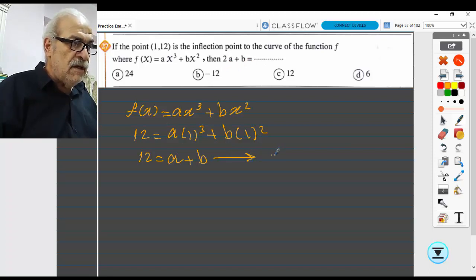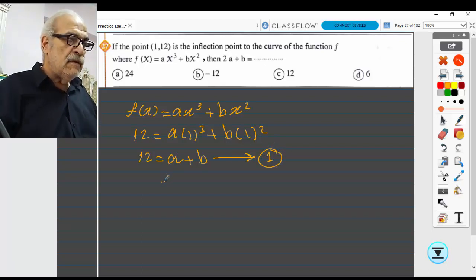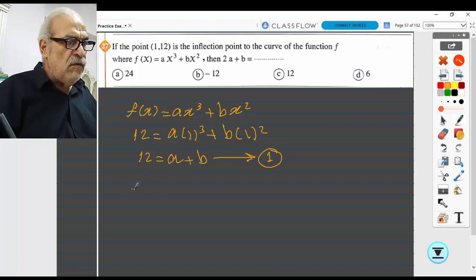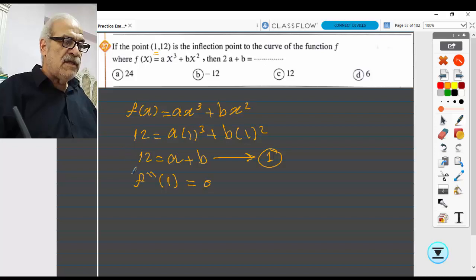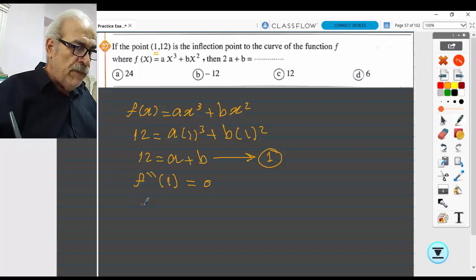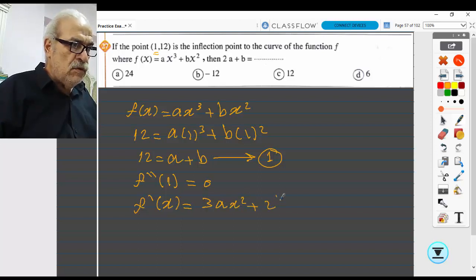Okay, we use the information about the inflection point. (1, 12) is an inflection point. It means f double dash of 1 equals 0, because we have x equals 1 here. So f dash of x equals 3ax square plus 2bx.